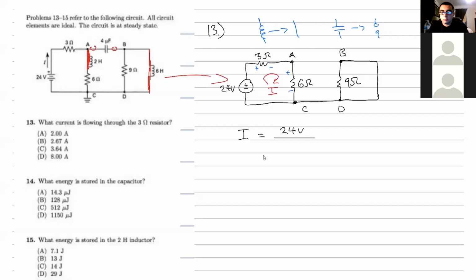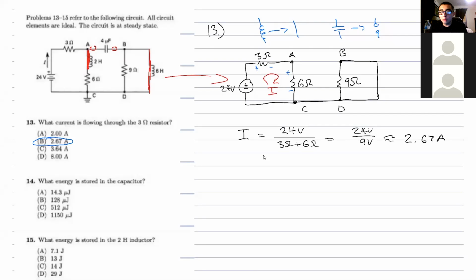So what we got is 3 ohms plus 6 ohms. That is going to give us 24 over 9. And that should give us something around 2.67 amps. And do we have a 2.67 amps? Yes, we do. So that is answer B. Any questions on that? Nope.